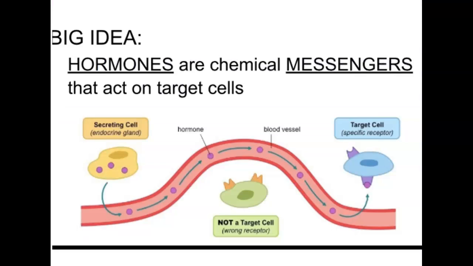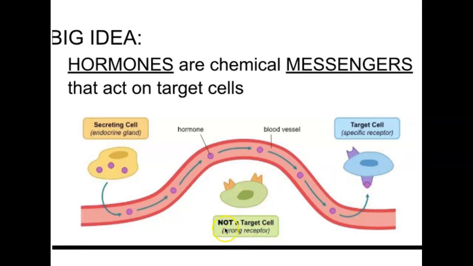So again, here's one of our big ideas, that those hormones are chemical messengers and they act on target cells. And so you can see here in this picture the endocrine gland secreting its hormones there in purple. The hormones are traveling through the bloodstream, and they're going to a specific target cell.